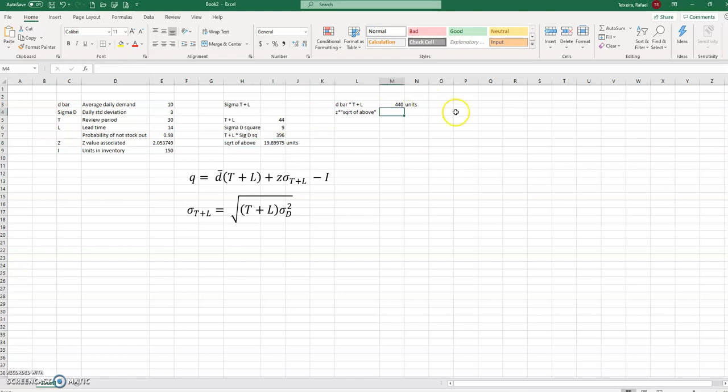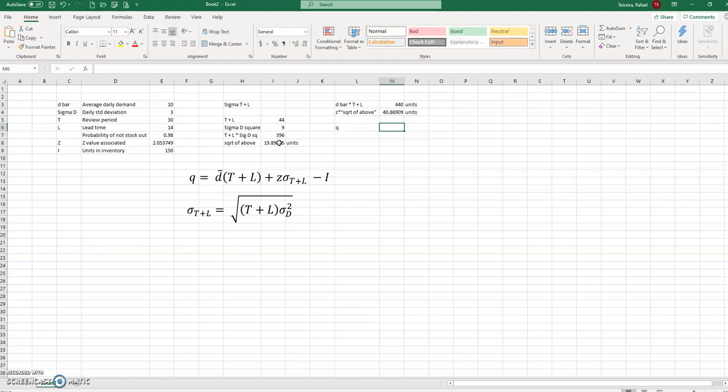So we're going to take the z value associated with the probability of not stocking out of 98%, multiplied by the square root above, which is the variability during the lead time. Which means that to attend 98% of the variability of demand during the lead time, I need almost 41 units. Okay, so now I can compute my k.